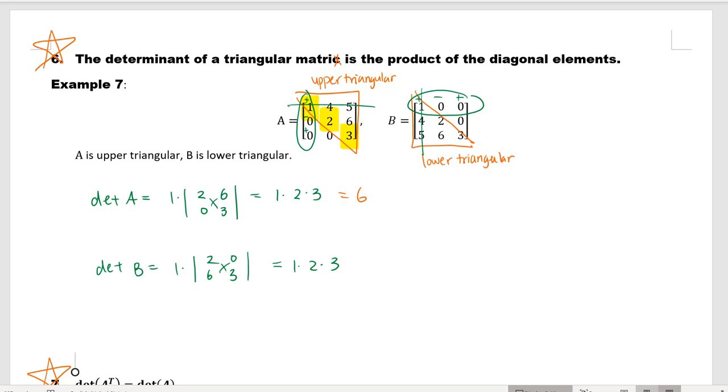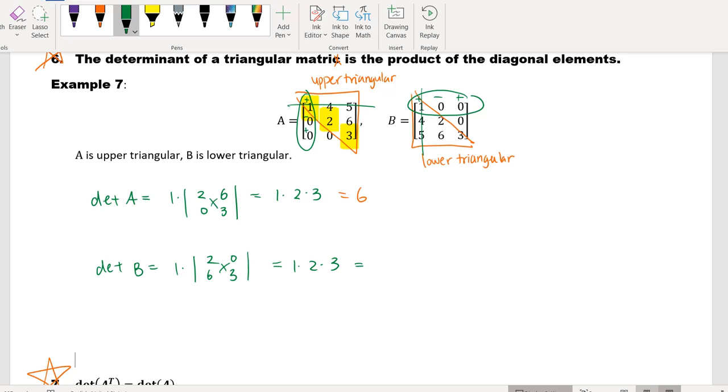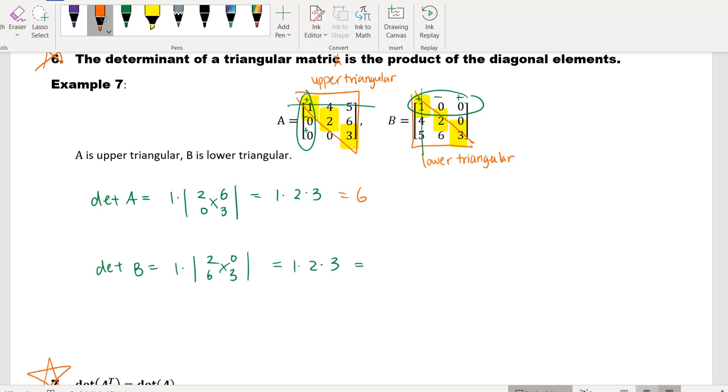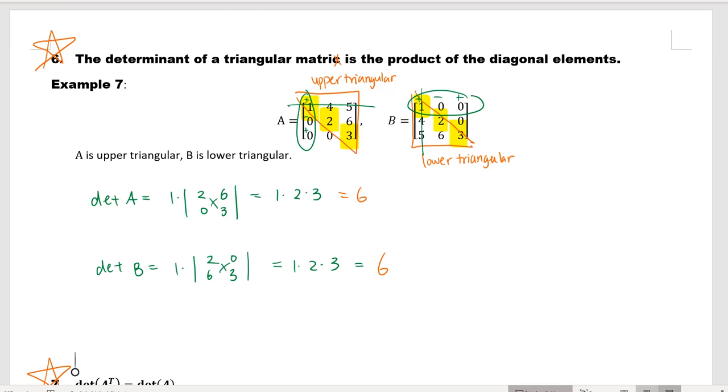What are 1, 2, 3 again? They are the diagonal elements. So that's why we also get 6. This is true for all triangular matrices: the determinant is just the product of the diagonal elements.